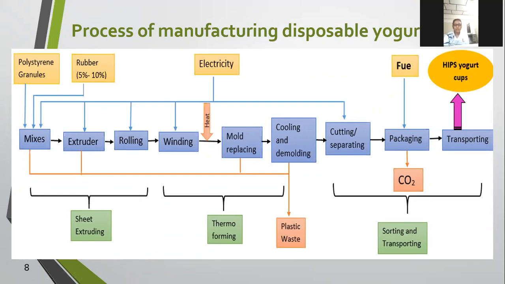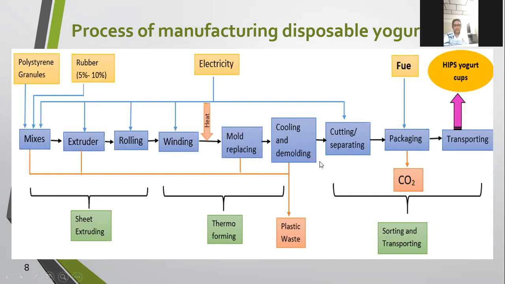Mold placing, cooling, demolding, and cutting or separating are the next steps. And the last steps are packing and transporting. In this process, we can see that a lot of electricity and heat is needed, and also it emits greenhouse gases like CO2 to the environment.